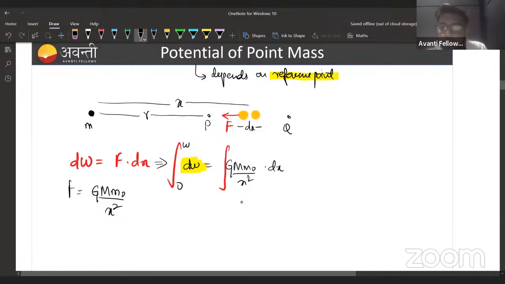Now, here, what will be the limit? Since the variables are dx and x, the variable is x, right? So initially, at this point it was, let's say, L distance away. Initially it was L, finally it became R, right? From here to here, L to R. So what will be the value?